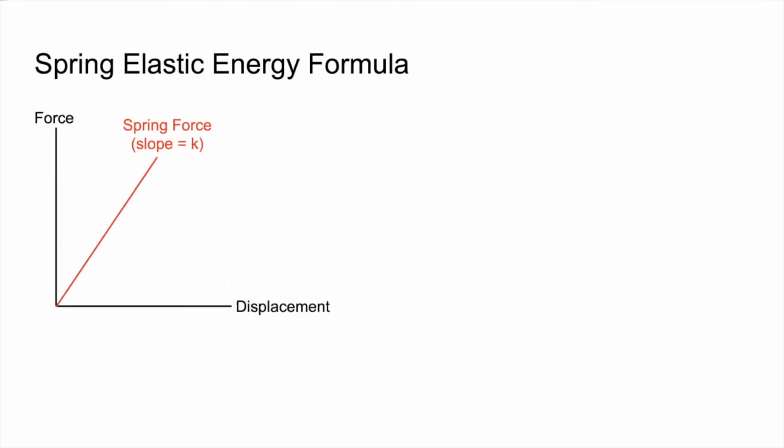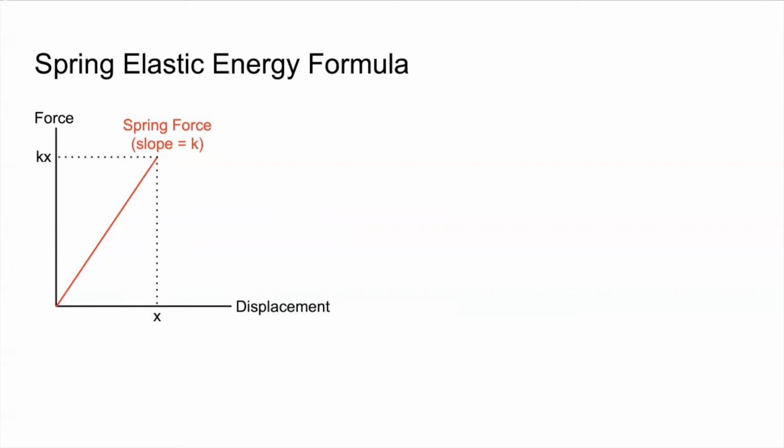Now we are going to derive the formula for spring elastic energy. We already know from Hooke's law that there is a proportional relationship between force and displacement from natural length. So suppose we want to apply an outside force that gets the spring to a displacement of x, such that once the displacement is x, the velocity becomes 0.